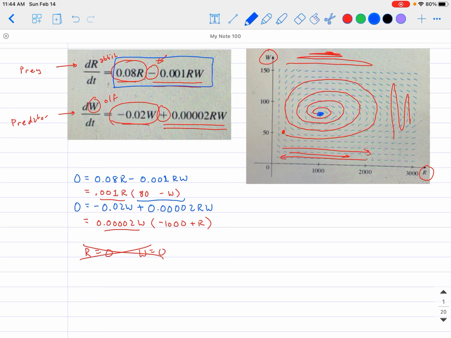But the part that I am interested in is the equilibrium part, which will be the factors from these guys right here, which tells me when w is equal to 80 and when r is equal to 1,000. And that right there tells me that's where it's going to be that harmonious population where the two are going to be able to coexist. So if there are going to be 1,000 rabbits and 80 wolves, then we're just going to have a perfect ecosystem.